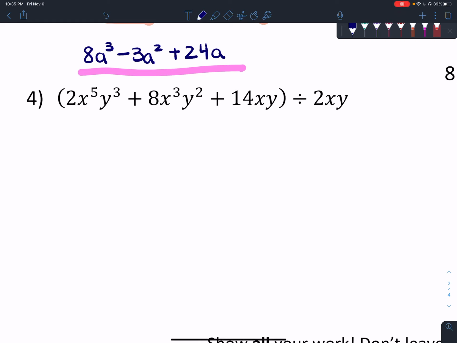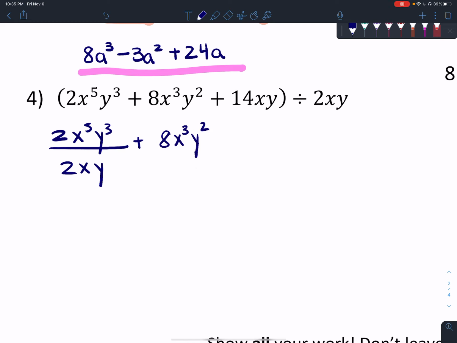So I'm going to rewrite this with 3 mini divisions. So I'm going to have 2x to the 5y to the 3 divided by 2xy plus 8x to the 3y squared divided by 2xy and then 14xy divided by 2xy.